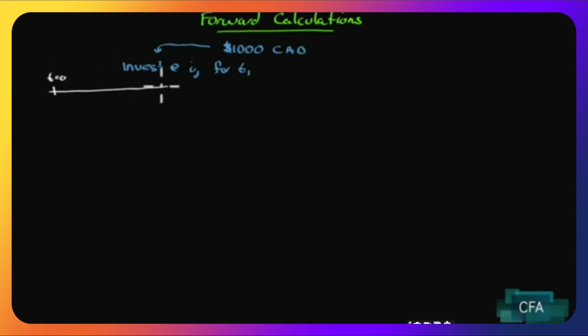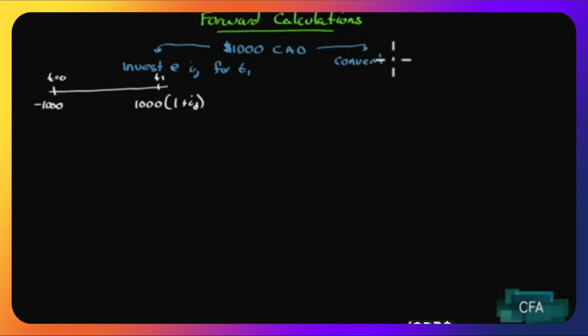T equals 0, T equals 1. We'll put $1,000 away for that period of time, and in T1 period of time we will have 1,000 times (1 plus i_D) Canadian dollars. The other thing we can do is to convert our Canadian dollars to US dollars.